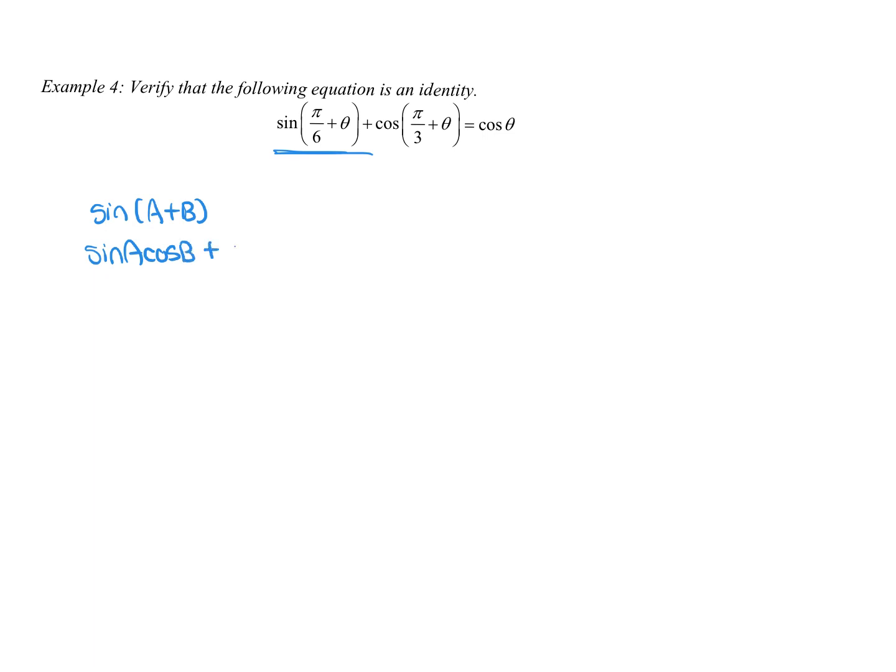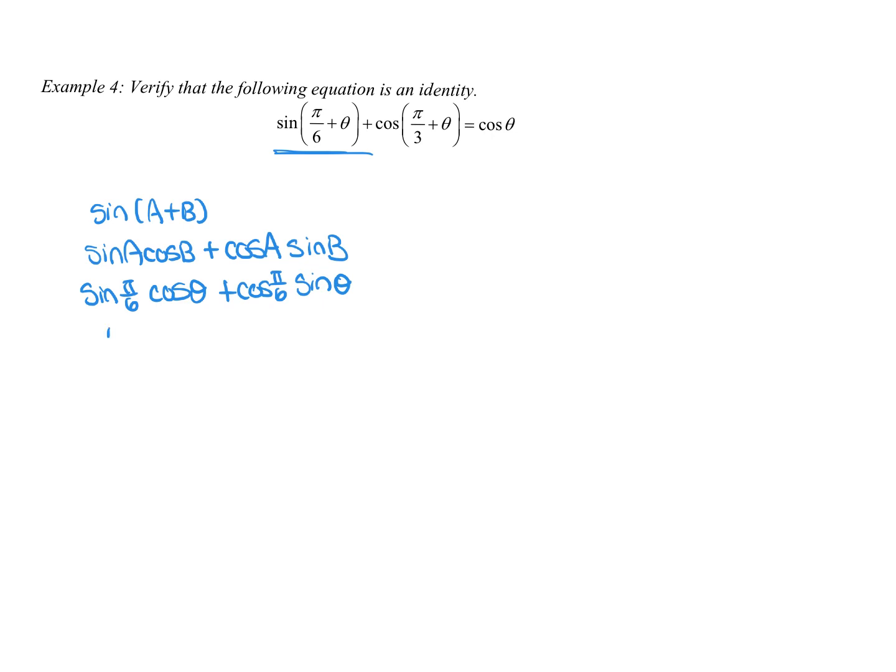Okay, last problem. Okay, so this is sum and difference in theory twice. I need to verify this statement. It has 2 sum and difference pieces. So I'm going to do this piece first. So sine of A plus B is sine of A cosine B plus cosine of A sine of B. So this becomes sine of pi over 6 cosine of theta plus cosine of pi over 6 sine of theta.